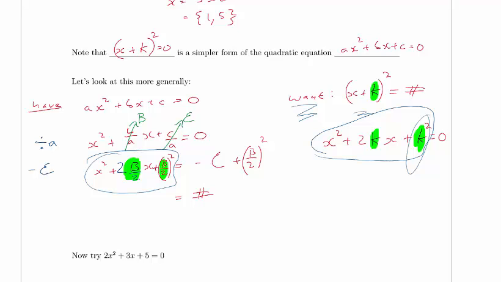And so when I do that, I'm going to say x plus something squared, and I just got to write in the green. Over here it was k, over here it is b divided by 2.